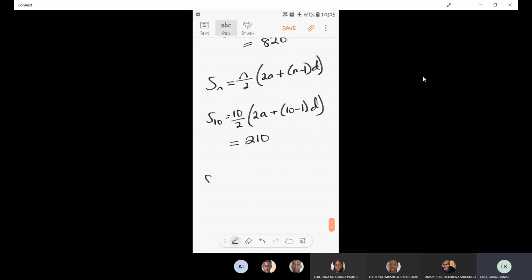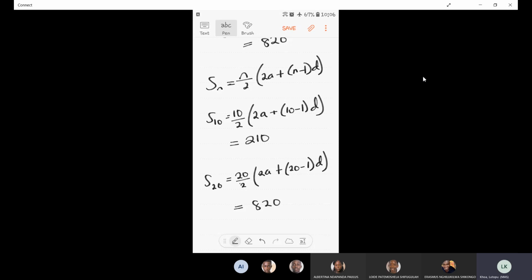And then I have S20. This is 20 over 2 times (2a plus (20 minus 1) times d), and this is equal to 820, not 610, because 610 is the sum of the numbers from 11 to 20, not from 1 to 20.